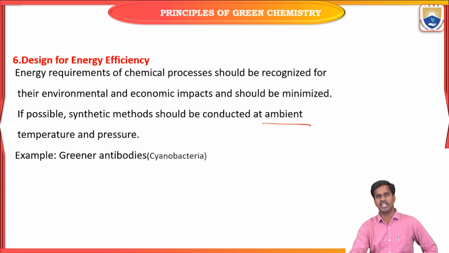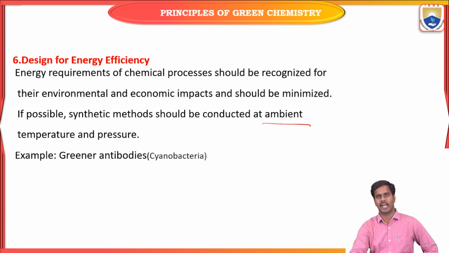If you increase the temperature in a reaction, what will happen? The reaction will become toxic. That's why whatever temperature is required for a particular chemical reaction, that should be ambient, that means room temperature.